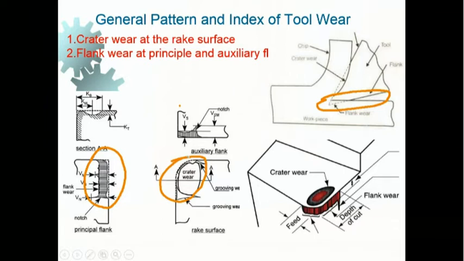Crater wear is termed in the form of crater depth that can be seen from the top view and measured from the side view, whereas flank wear is termed as wear length. The depth of the wear is termed as wear length.